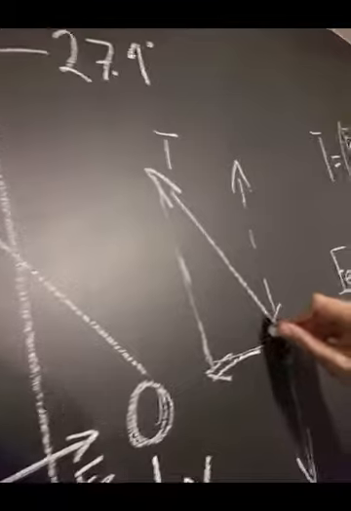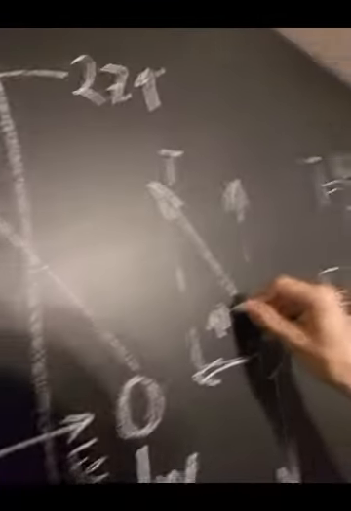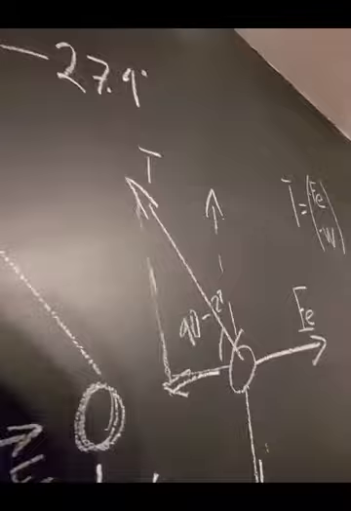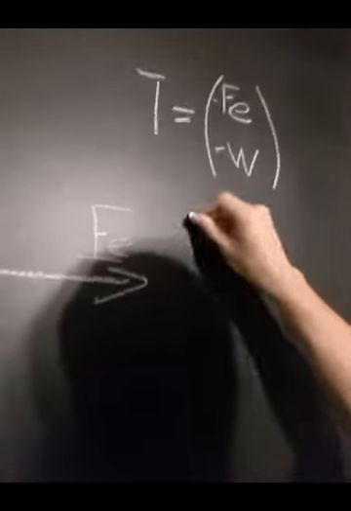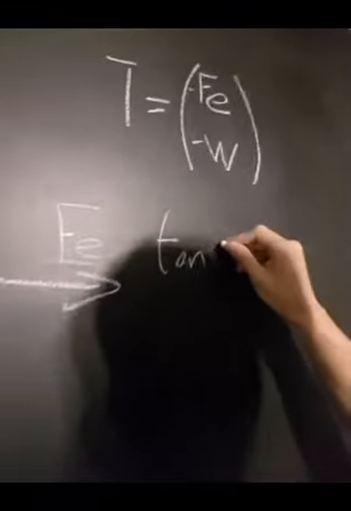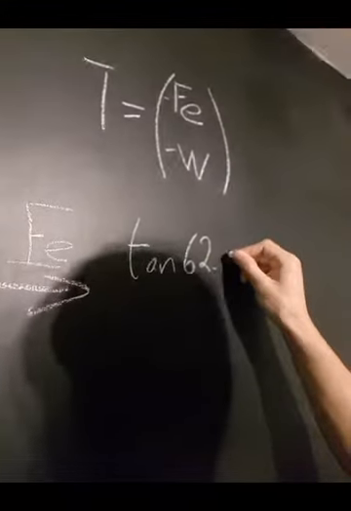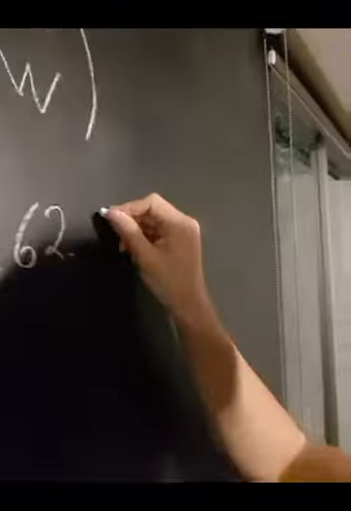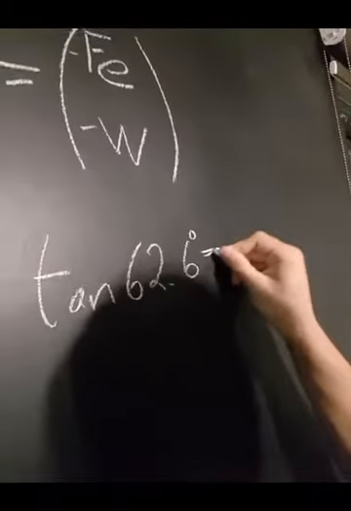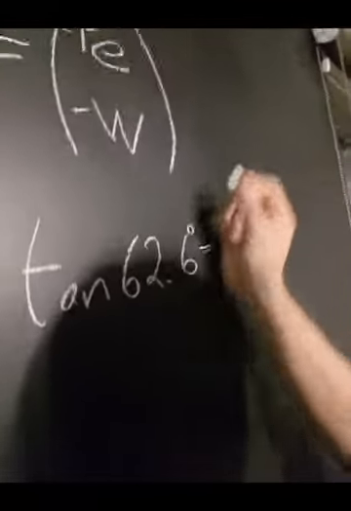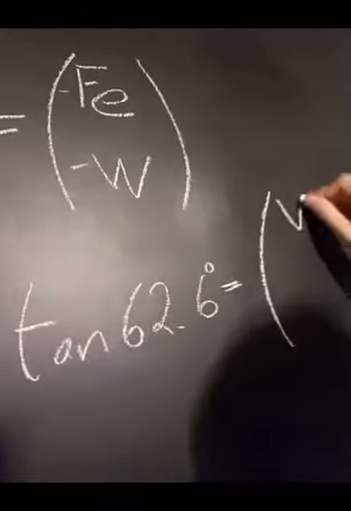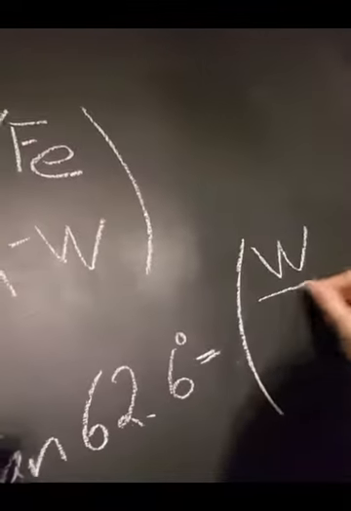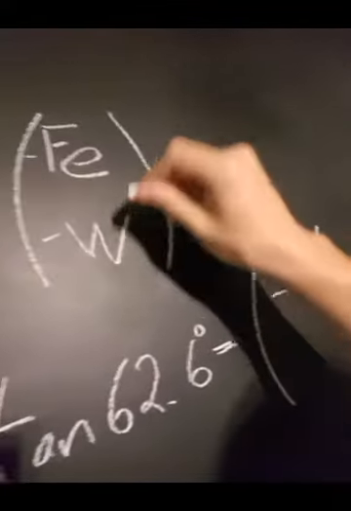So this has to be 90 minus 27, which is 62.6 degrees. So we get that the tangent of 62.6 degrees will be equal to the y component, in other words, the weight, divided by the electric force.